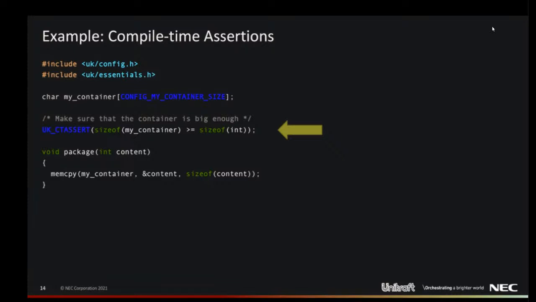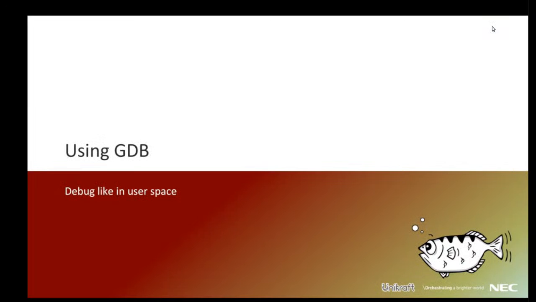Okay, next topic. I'm running through all these points now. GDB. The interesting part of GDB is actually that many hypervisors, so if you imagine you run Unikraft on a hypervisor, which is actually most of the use cases, provide you a GDB server interface where you can attach a GDB client to it.